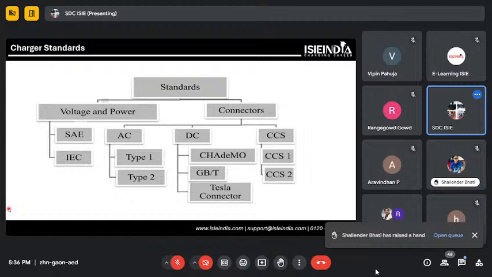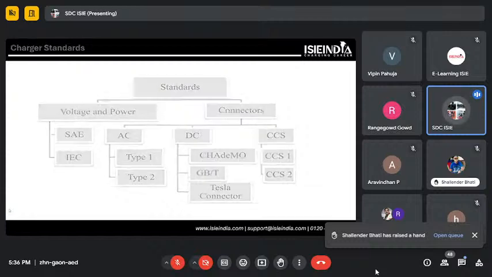Along with that, there are variations of chargers, which are compatible with each other. We have different parameters, different maximum ratings, different voltage fluctuation, and power consumption of the vehicles, right?